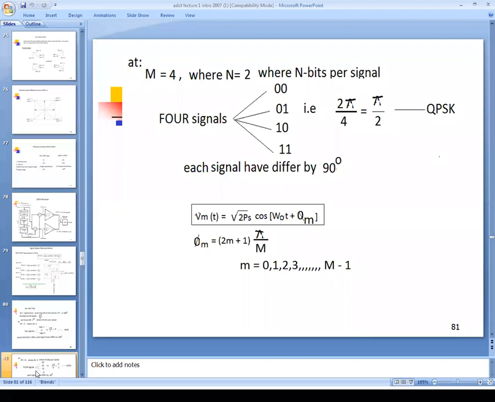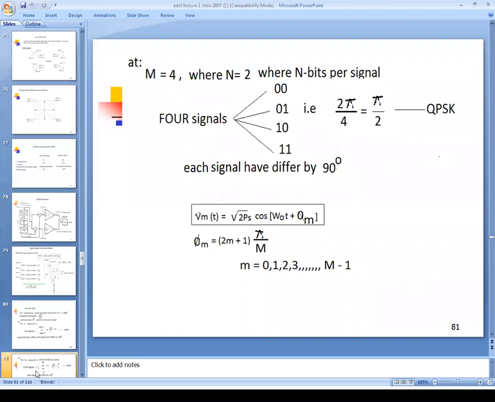What is the phase difference? 2 pi by M, with M equal to 4, is 2 pi by 4, that is pi by 2. So each signal spacing is pi by 2. That is QPSK. Each signal differs by 90 degrees only: 90, 180, 270 and 360. 4 signals.